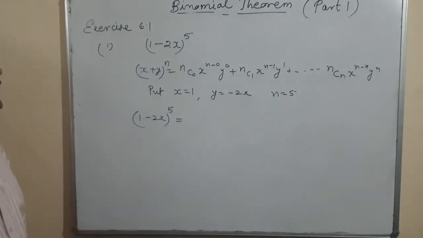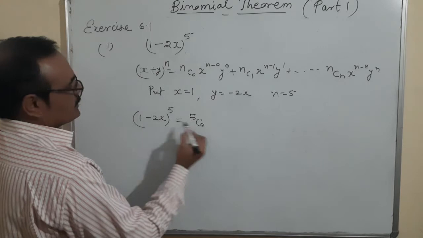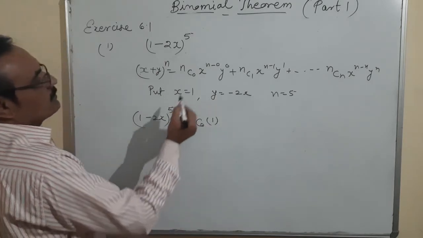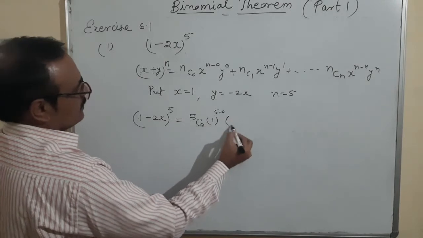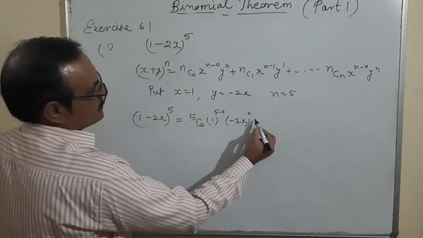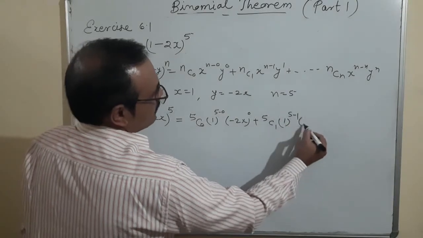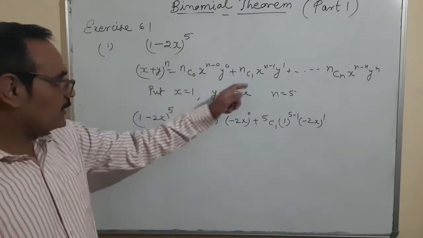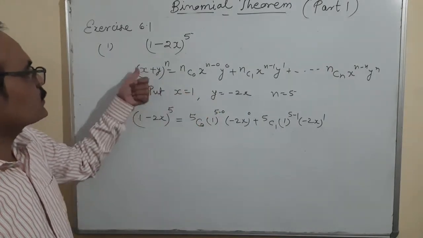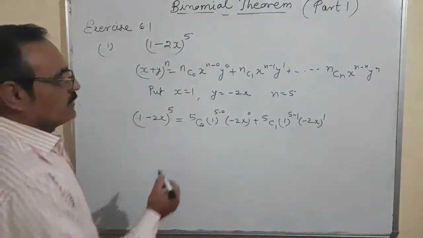So what should be coming here? 5C0, 1 to the power 5 minus 0, minus 2x to the power 0. 5C1, 1 to the power 5 minus 1, minus 2x to the power 1. Okay. Here I am simply putting 1 in place of x, minus 2x in place of y, and 5 in place of n.